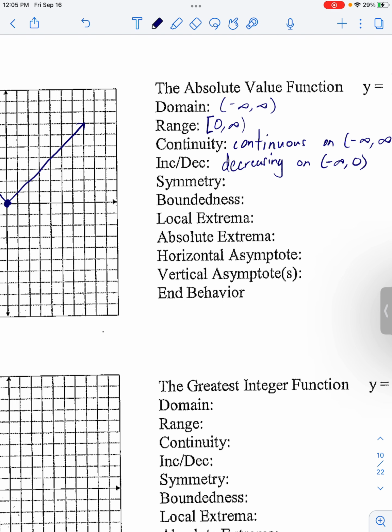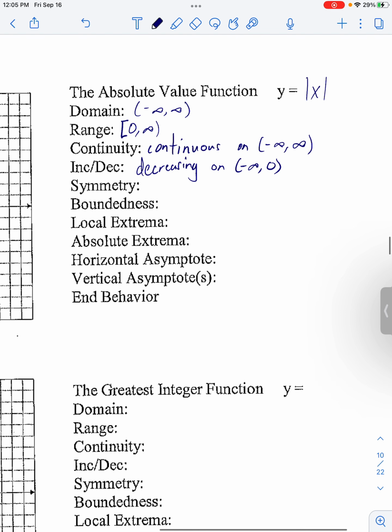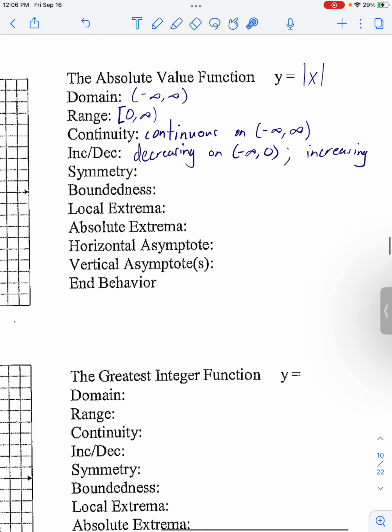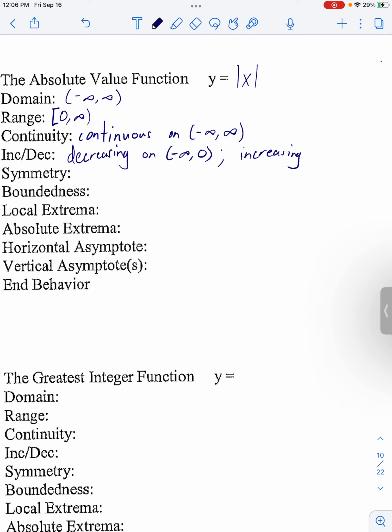That 0 gets a parenthesis, okay? And I'm increasing, so let's look to the right of 0. As x goes to the right, look at my function, it's going up. My y goes up, so increasing on 0 to positive infinity.